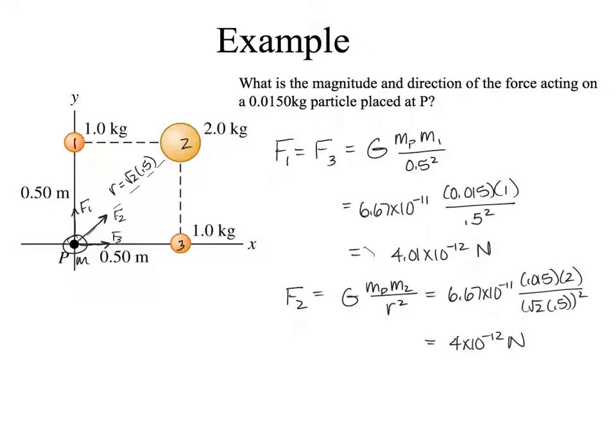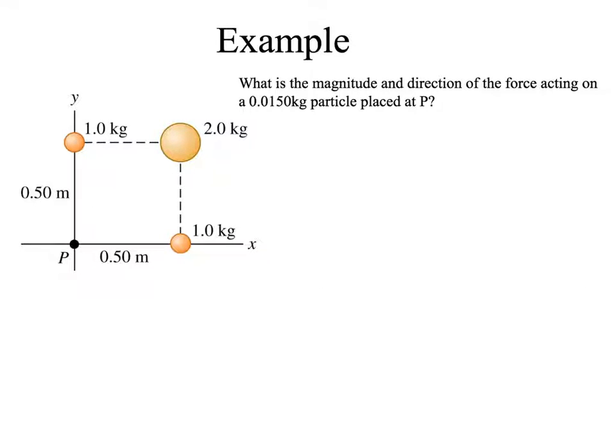So we have those pieces of information. Now we're going to have to add these as vectors. So let's just write these down again. F1 is equal to F3 is equal to 4.01 times 10 to the minus 12 newtons. And F2 turned out to be 4 times 10 to the minus 12 newtons. Now, I want to find my net force.